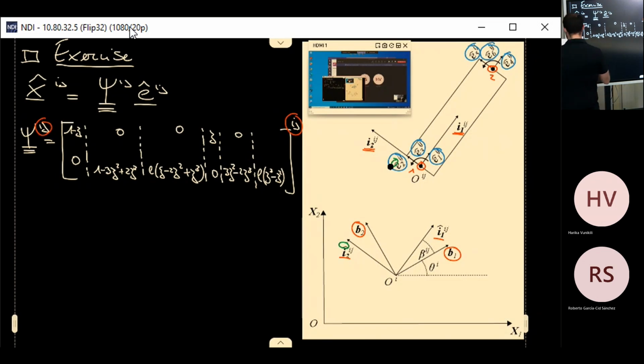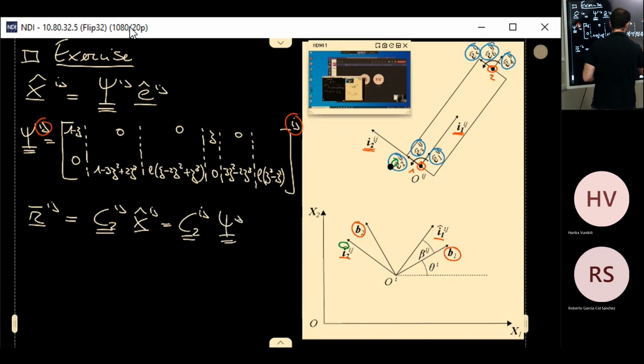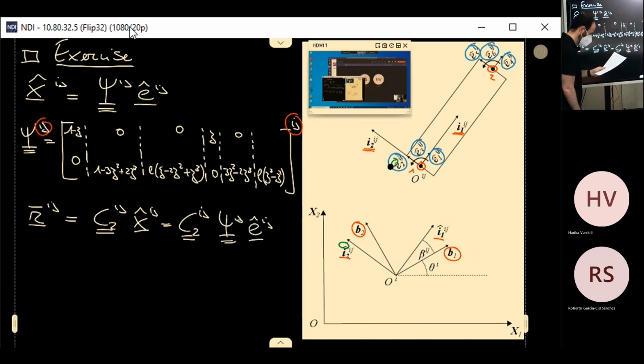Now we have also that Rj over bar could be written, if you recall, as C2ij x ij. And therefore, this could be written as C2ij C ij E overhead ij. What is this C2ij? Well, you can already anticipate it, is the rotation in the 2D.